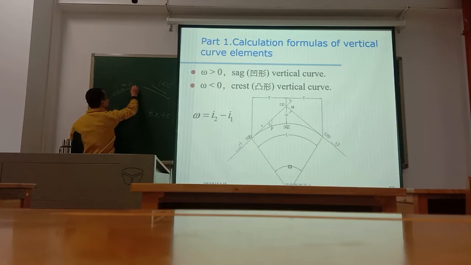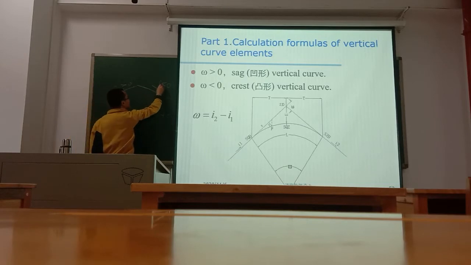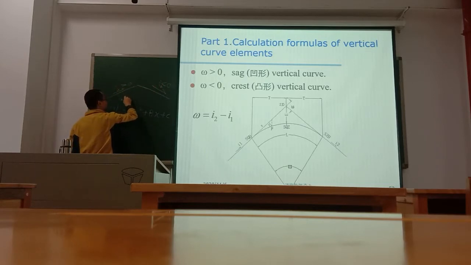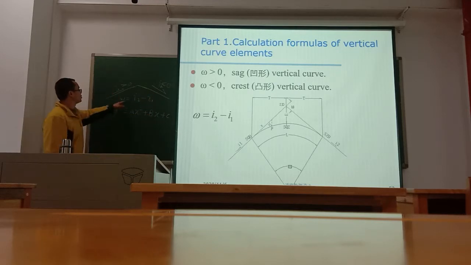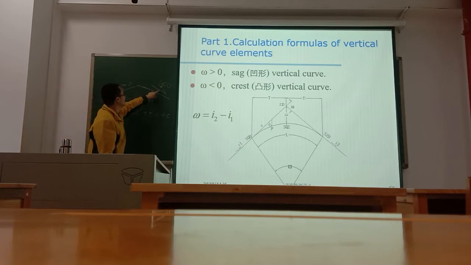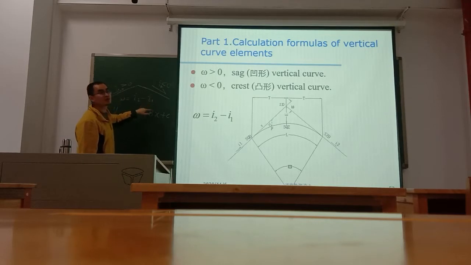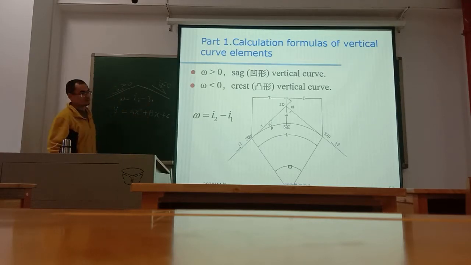Omega is equal to i2 minus i1. In this condition, omega is less than 0, so the vertical curve is a crest.